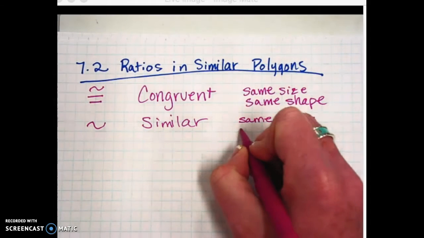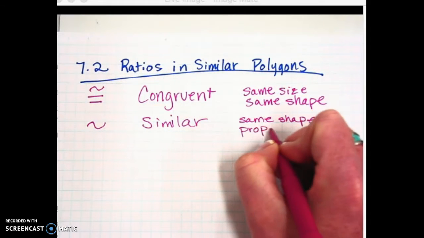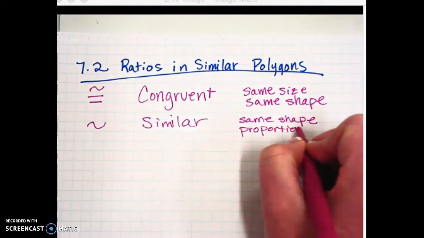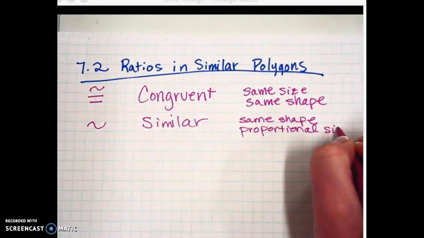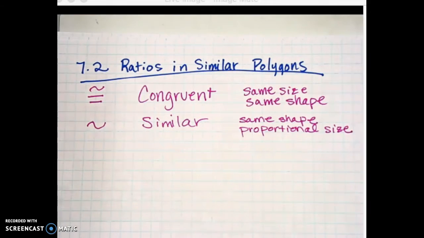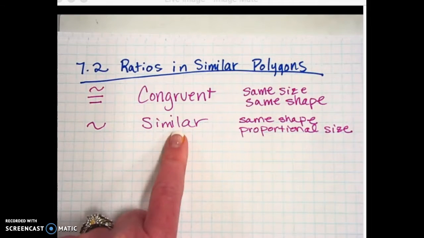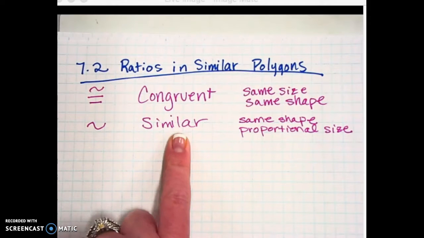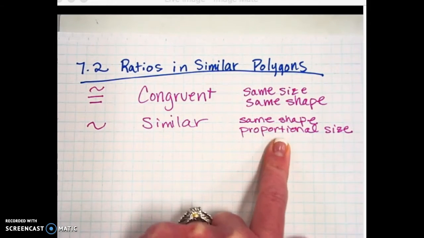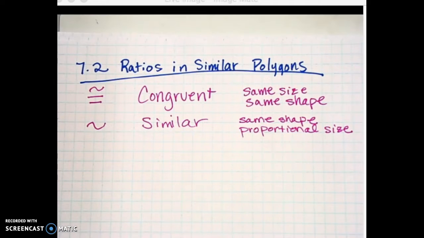We're going to have what's called proportional size. Okay, so the last section we covered talked about ratios and proportions, right? Setting up a proportion, doing the cross product, and solving for the variable. Okay, so similarity, or two figures being similar, has to do with proportional size.